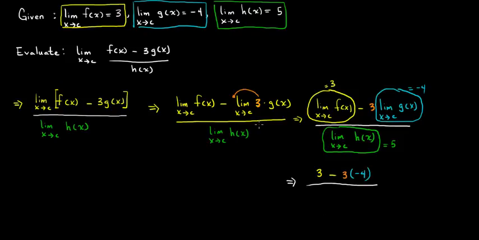And then we have a 5 in the denominator. Cleaning this up, in the numerator we have 3 minus 3 times negative 4. Negative 3 times negative 4 is a positive 12, and 12 plus 3 is 15, over 5, and it looks like this whole limit evaluates to 3.